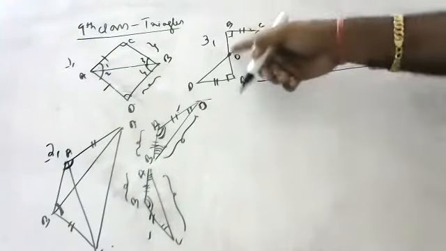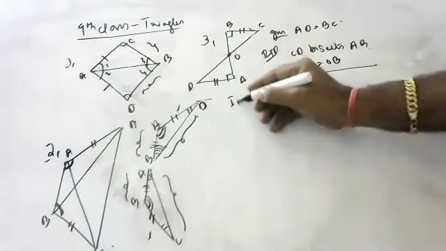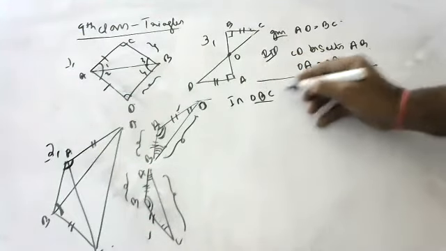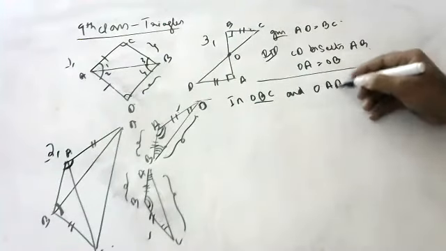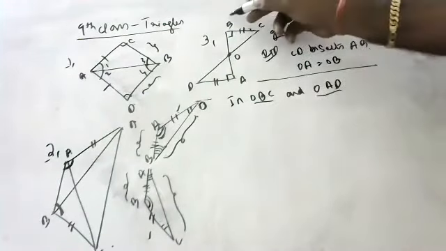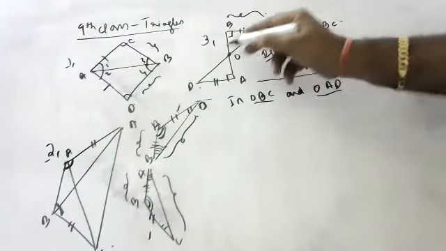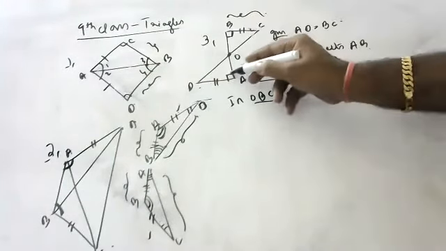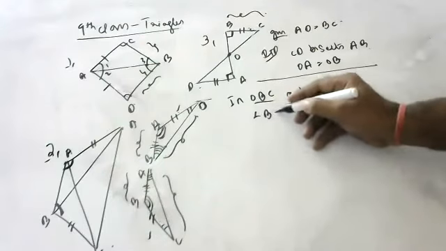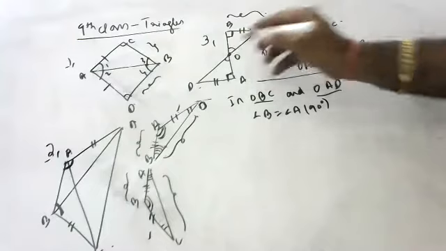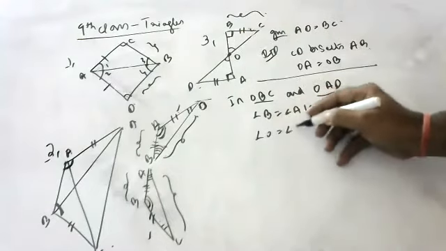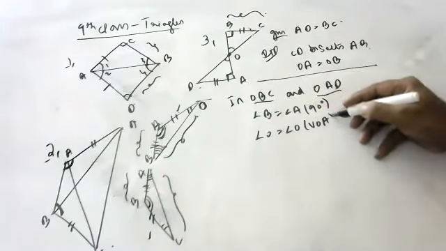There are two triangles. Can you see OBC and what is the other one? OAD. OBC and OAD. Angle B is equal to angle A. Why, children? 90 degrees. Angle O is equal to angle O, vertically opposite angles.